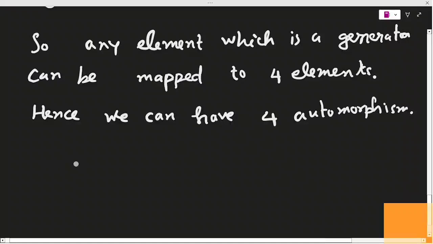Now, what is an automorphism? An automorphism is a function, we can say. So the function will map an element, let's say k.